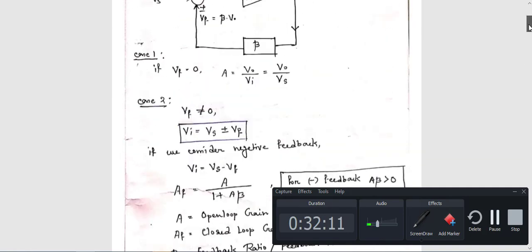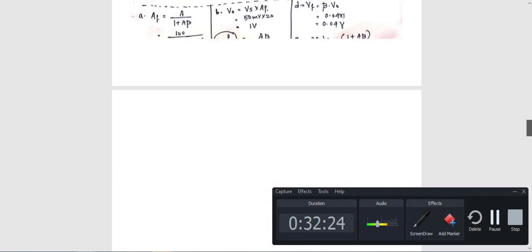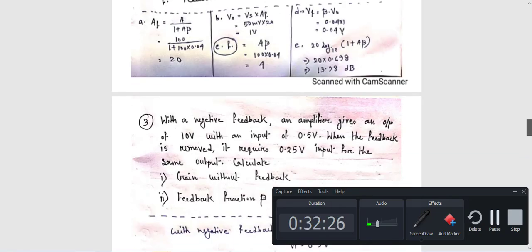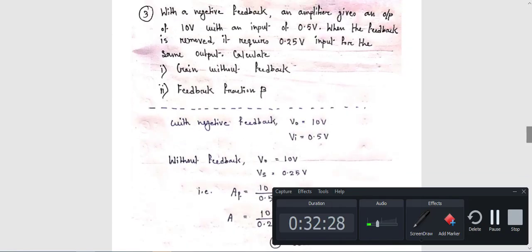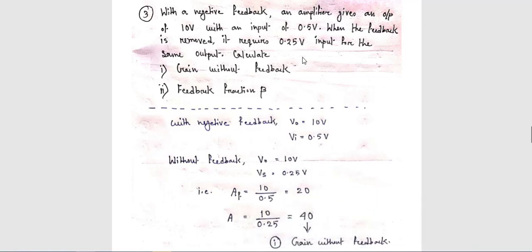If this feedback path is removed, you only have the amplifier circuit, the output and this input. So when this feedback path is removed, your input is 0.25 volt. Without feedback, your output is 10 volt, and for 10 volt output, your input is 0.2 volt.